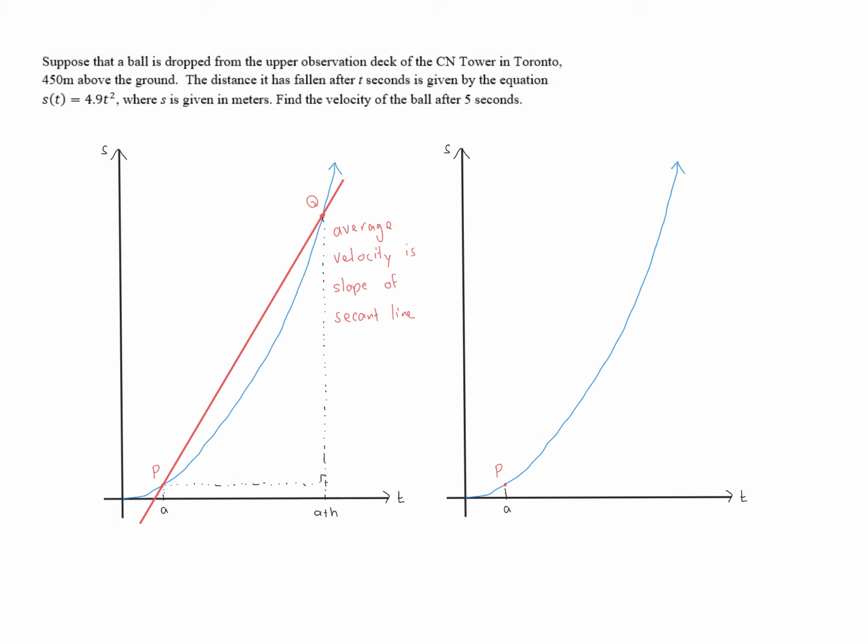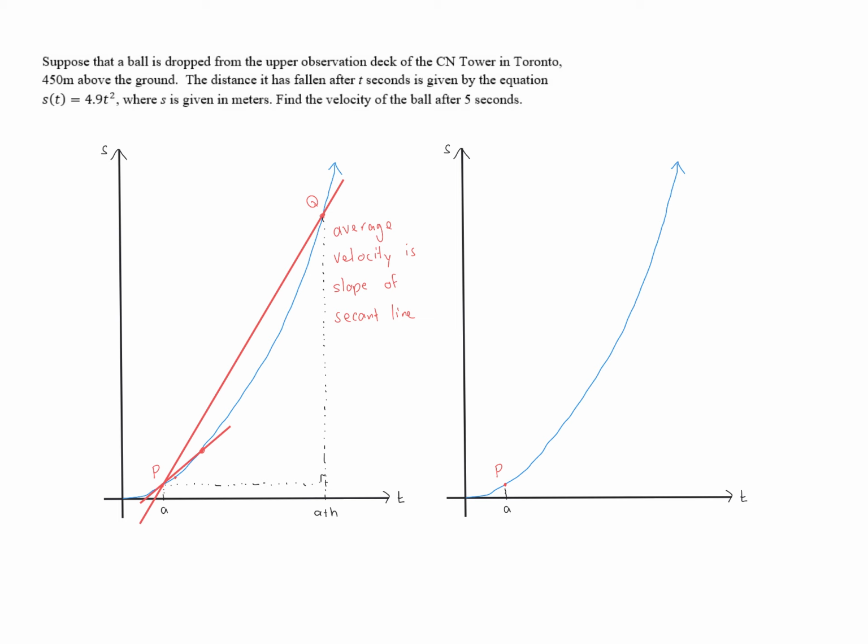And what we did, remember, in the last problem, we started by looking at the interval from 5 seconds to 10 seconds, but then we looked at an interval that was shorter. We looked from 5 seconds to 6 seconds. And when we do that, we end up with a different secant line. And then we looked at an even shorter interval.